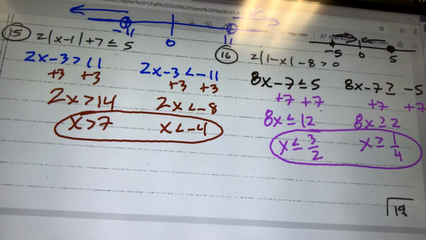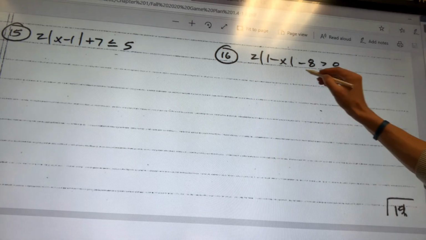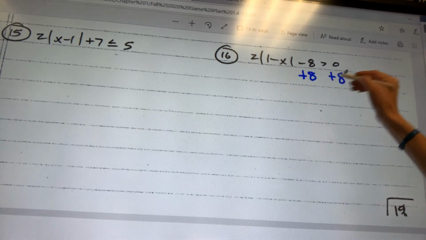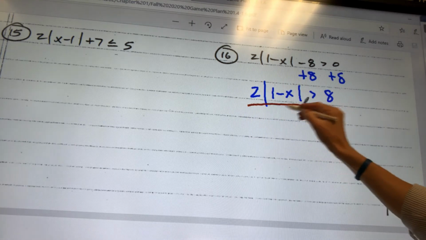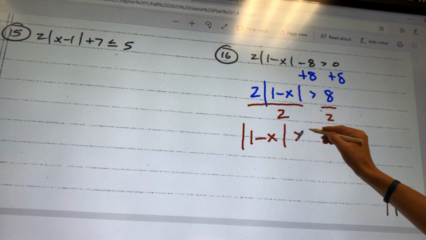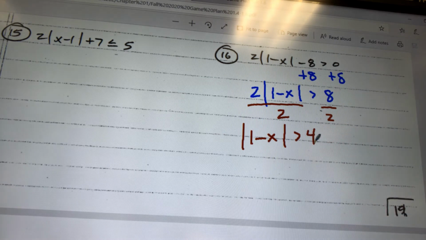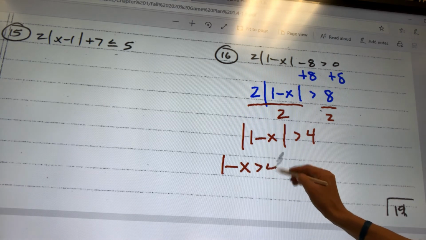Let's look at number 16 here. All right, going to add 8 to both sides. 2 absolute value of 1 minus x greater than 8. Divide by 2. The absolute value of 1 minus x greater than 4. All right. Drop the absolute value, write exactly what you see.